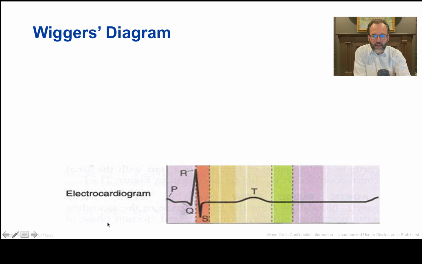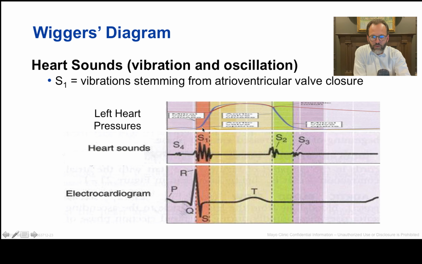Again, on the bottom, we'll put the electrocardiogram as a frame of reference, and of course everyone has probably heard their own heart sounds. Those stem from the vibration of cardiac tissues and oscillation of blood during various portions of the cardiac cycle.